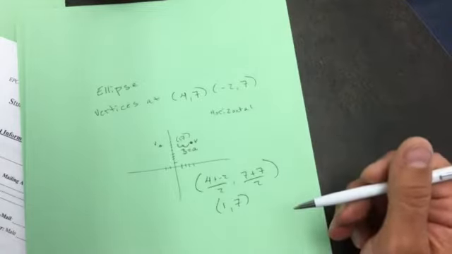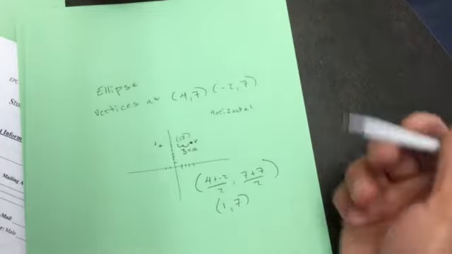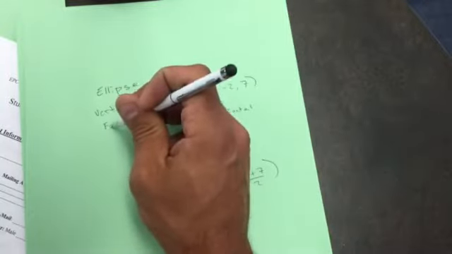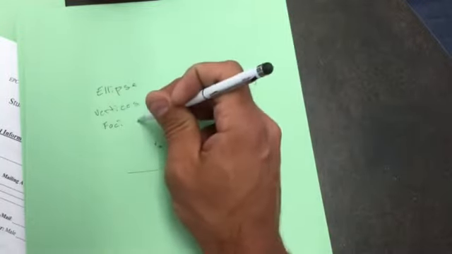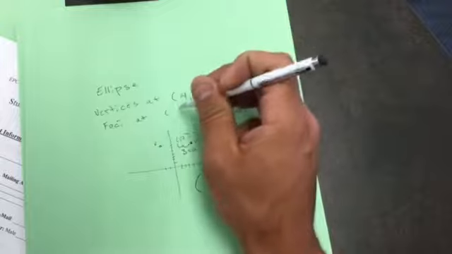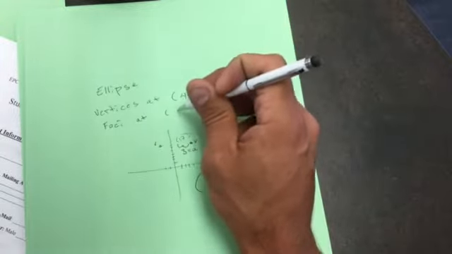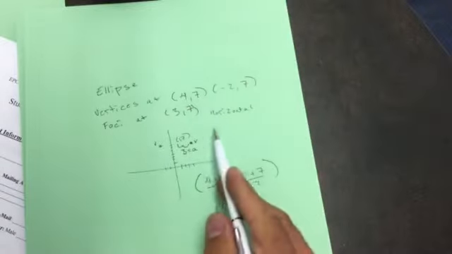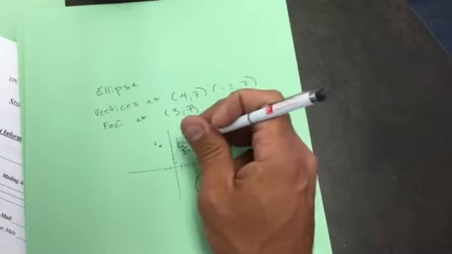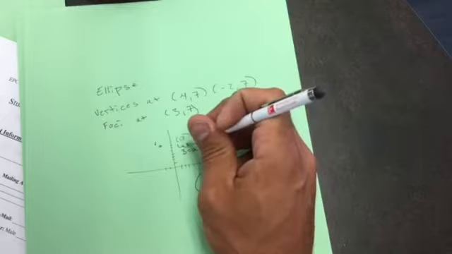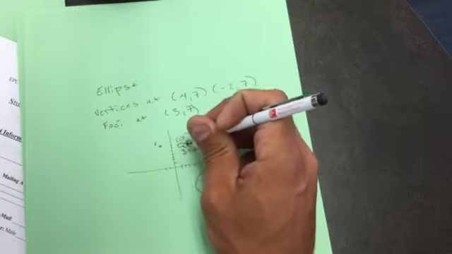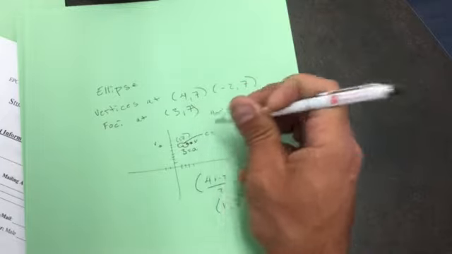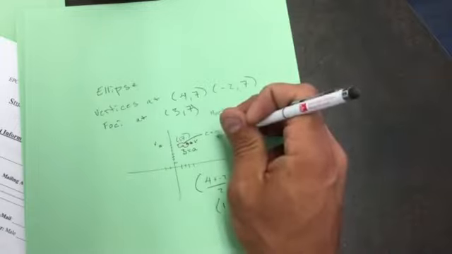Then they're going to give me something else so that I can figure out what the B is. Maybe they tell me the foci. So they tell me I have a focus at 3, 7. So I know there's another point right here at 3, 7, which means this distance right here is C, a distance of 2.